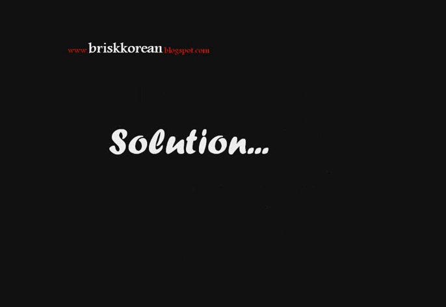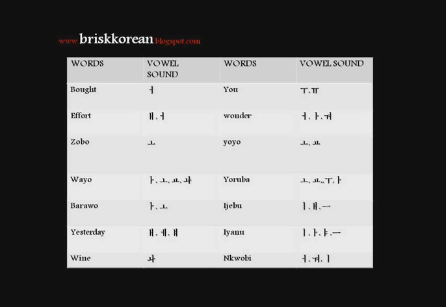Let's see. Okay, solution. So for our first word, we have but, and there we have just one vowel sound. That is the o sound. And then for our second word, we have effort. We have e and o sound.